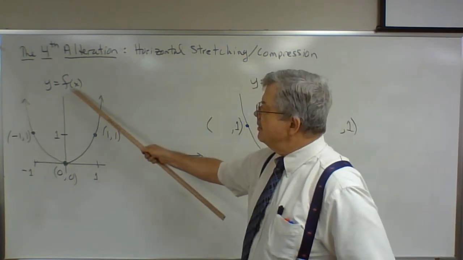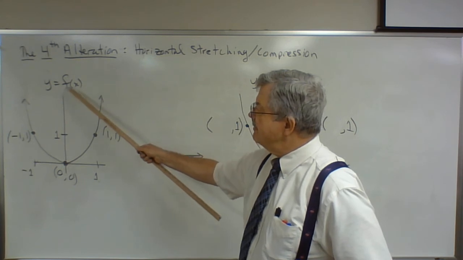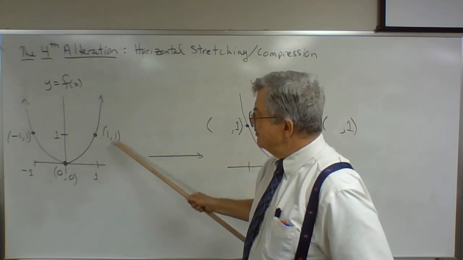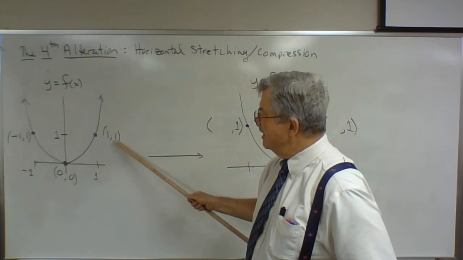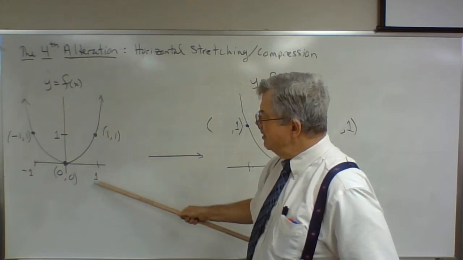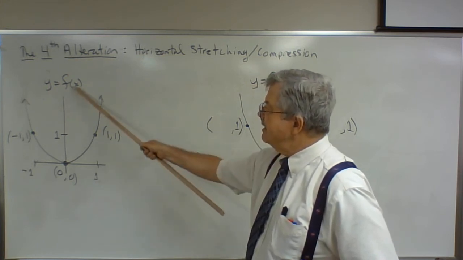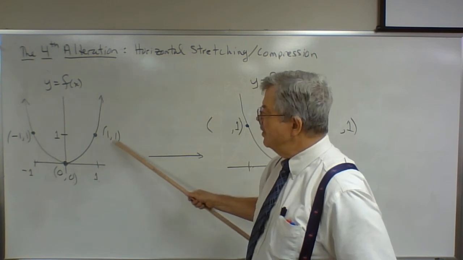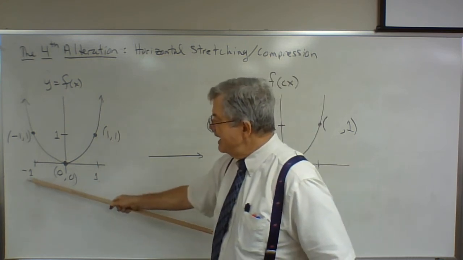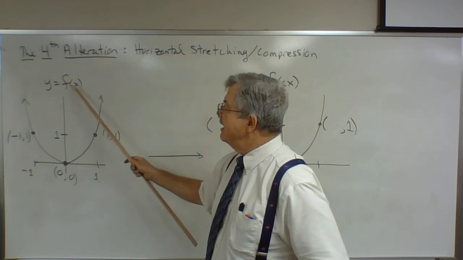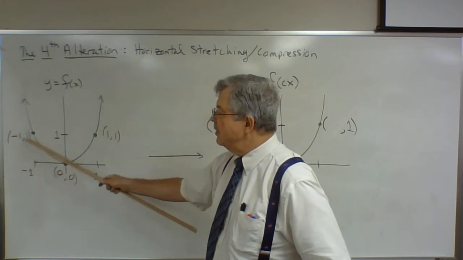And what do we have to plug into f of x to make the y coordinate equal to 1? Don't we plug 1 into f of x to make y equal 1? Or don't we plug -1 into f of x to make y equal 1?